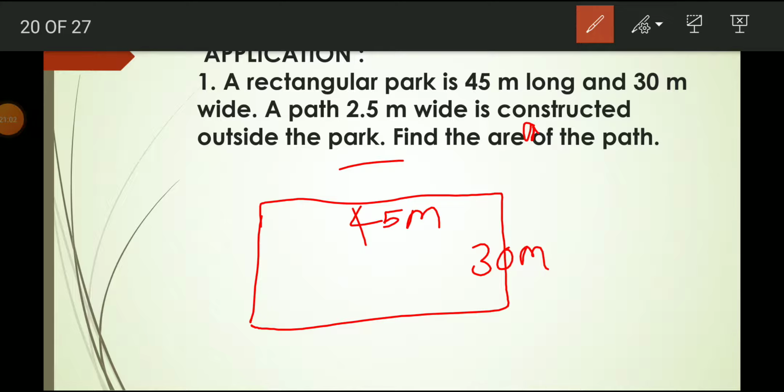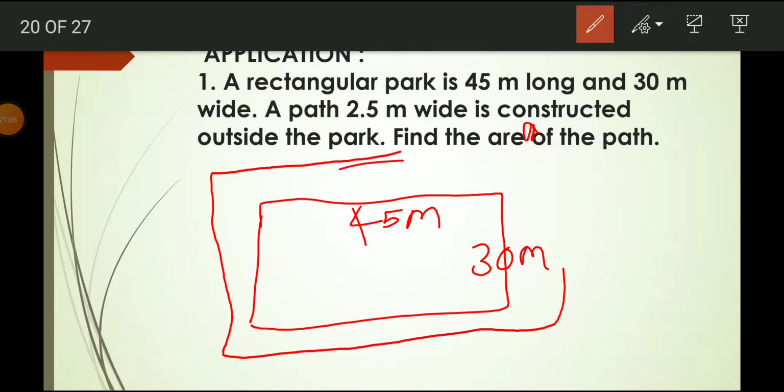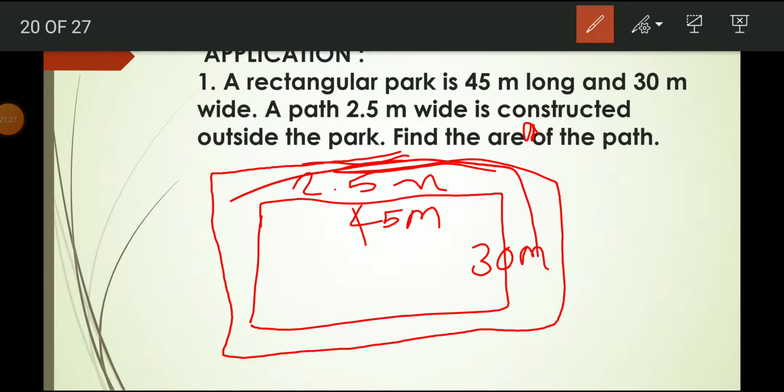So here they can construct one path for outside. In this path, the width of this path is 2.5 meter. So what they asked is to find out the area of the path.